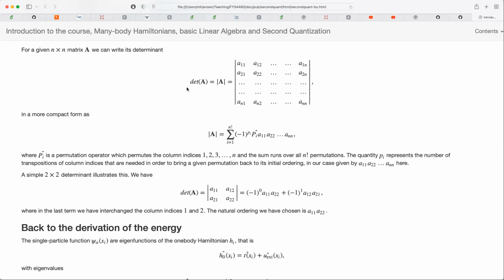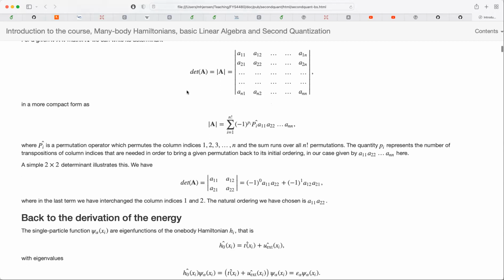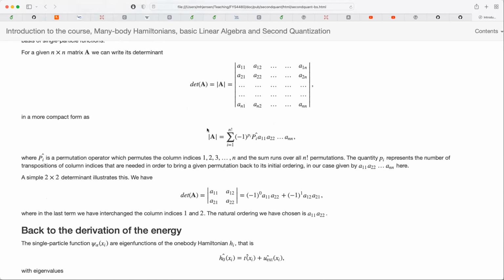That's one way of writing it, or you write det A. If you look at this notation here, and this is something which is important because we are going to introduce this permutation operator. So this actually acts on pairs of particles, and it just interchanges them. So it permutes particle I and particle J.